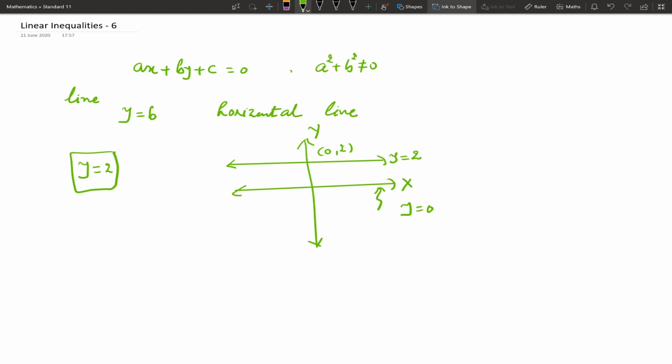Similarly, x equal to a represents a vertical line.